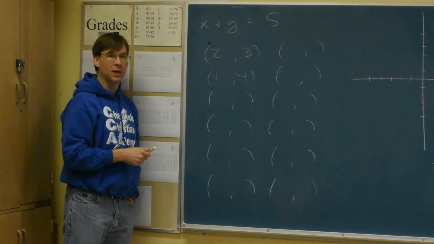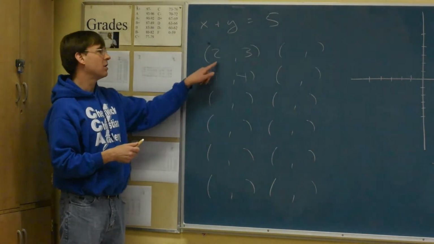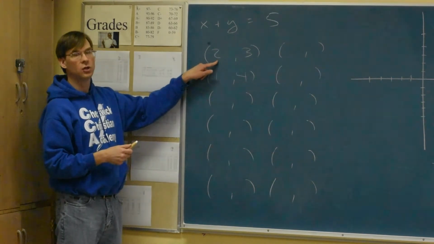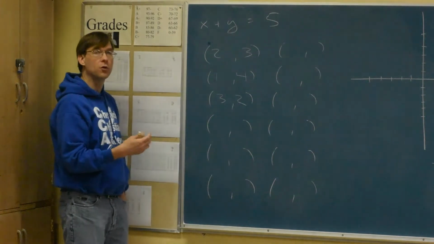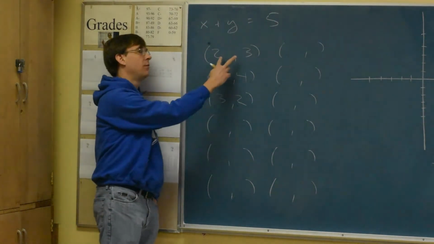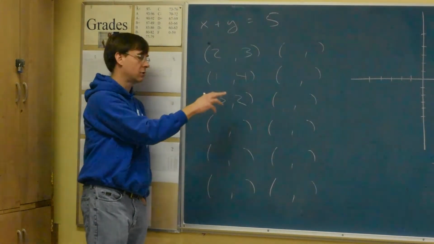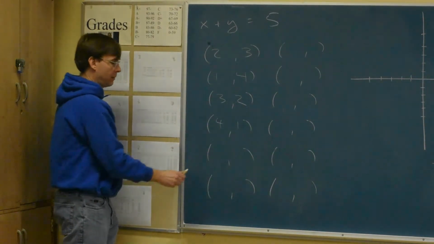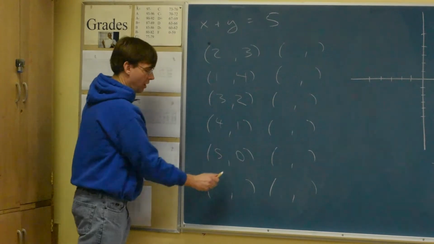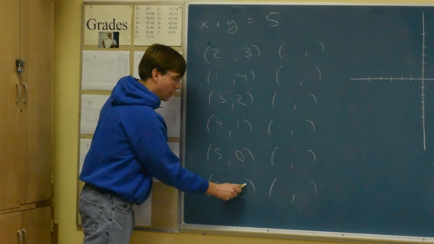Somebody might at some point say, is it the same or different if I said 3 plus 2? And I would say that's different. 3 plus 2 is a different ordered pair, to use a word from yesterday. The ordered pairs, the order matters. So then somebody might say, hey, 4 with 1. Somebody else might say 5 with 0, or 0 with 5.